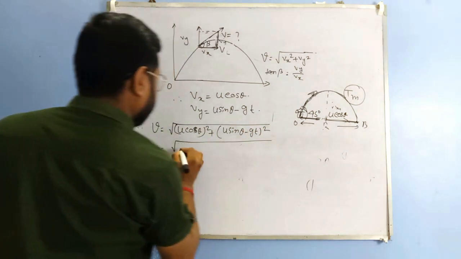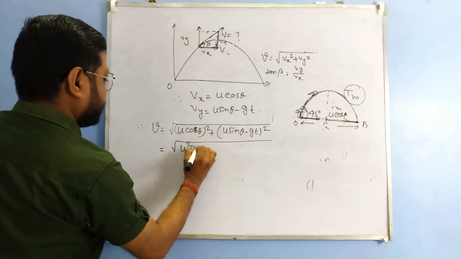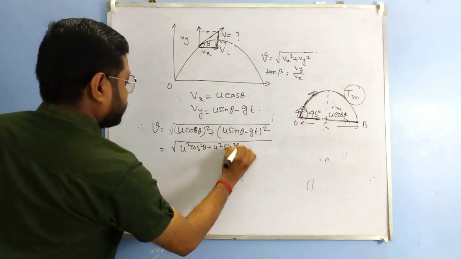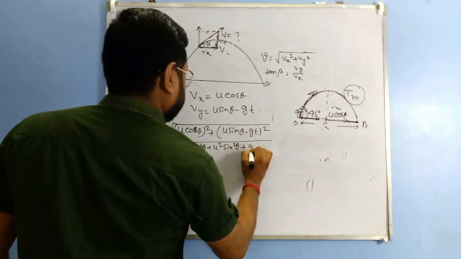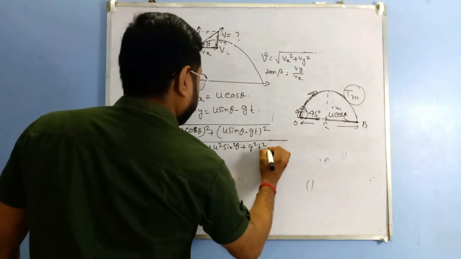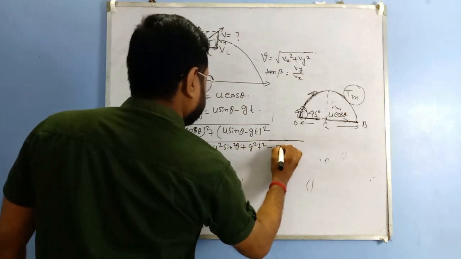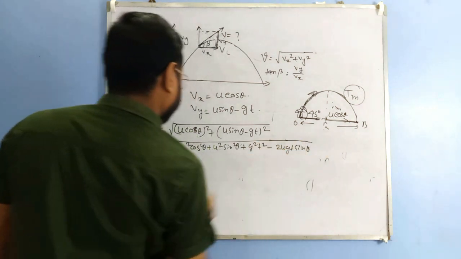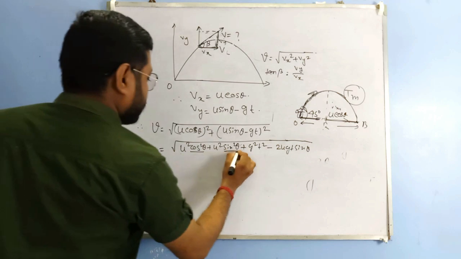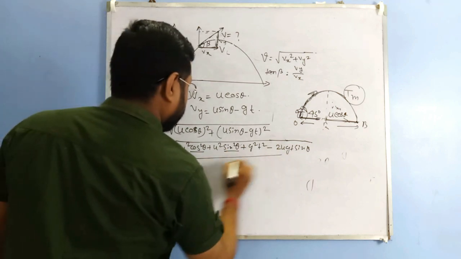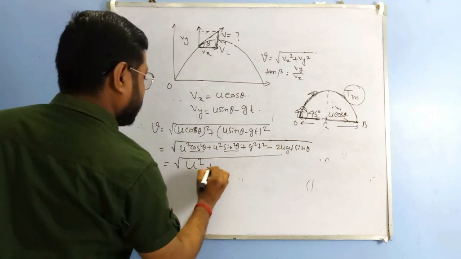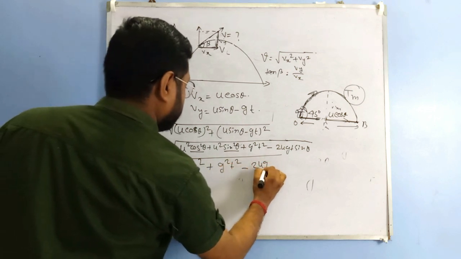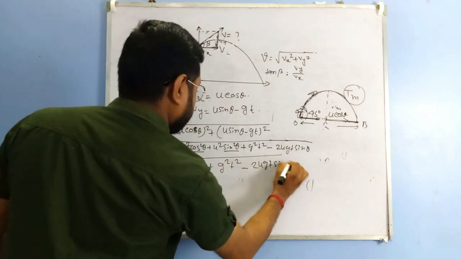So you can get u square cos square theta, and from this u square sin square theta plus g square t square minus twice u g t sin theta. Now u square cos square theta plus u square sin square theta becomes u square, so we get u square plus g square t square minus twice u g t sin theta.